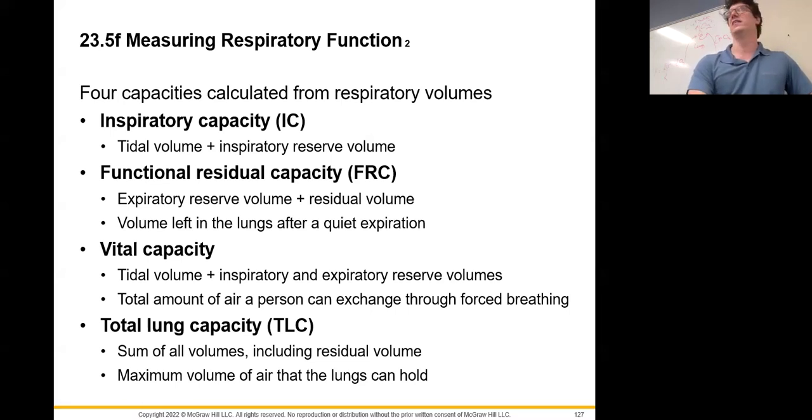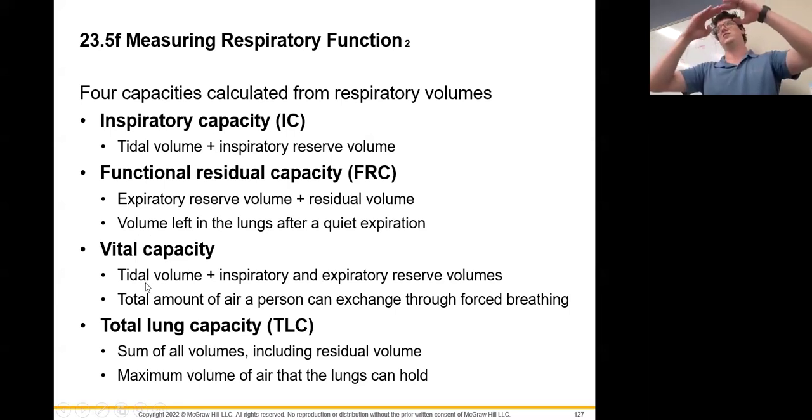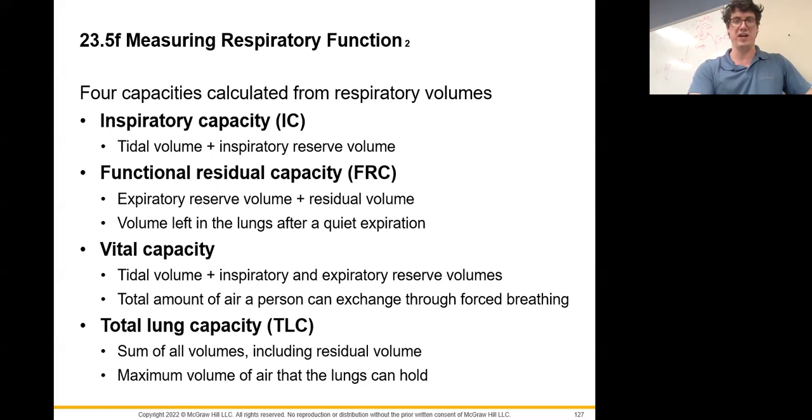Now, if we take a normal breath, which is our tidal volume, and then our inspiratory capacity, so we're going to basically take our 500 and then we're going to add our inspiratory capacity above that. And then we take our expiratory reserve volume and add all those together. This is going to get us to our vital capacity. Okay, that's basically to say how much air can you exchange through forced breathing, whether through forced inhalation and through forced exhalation.